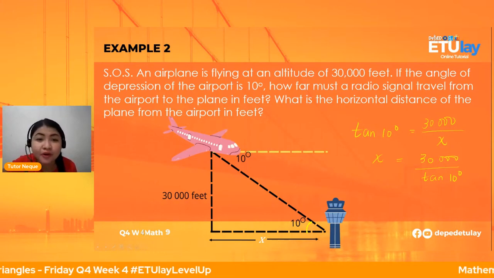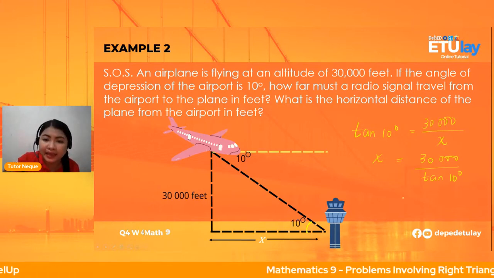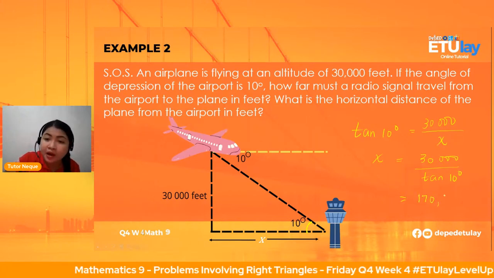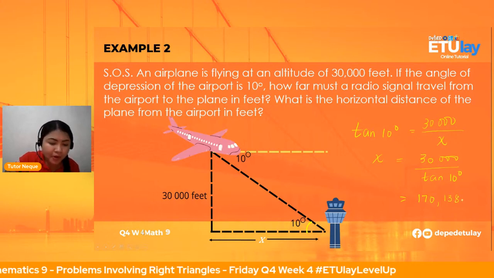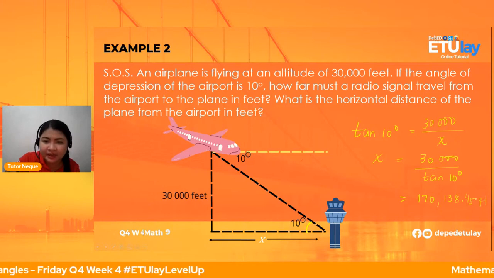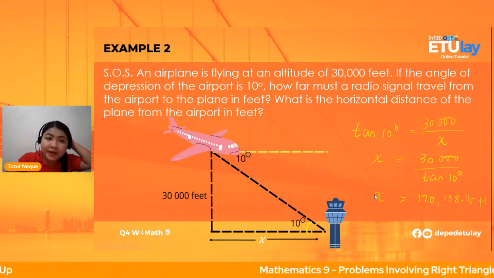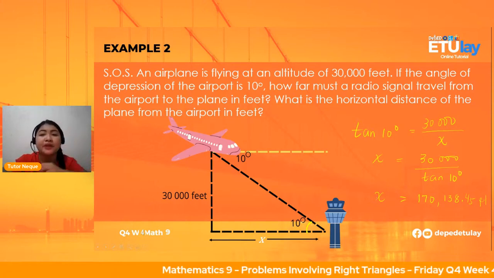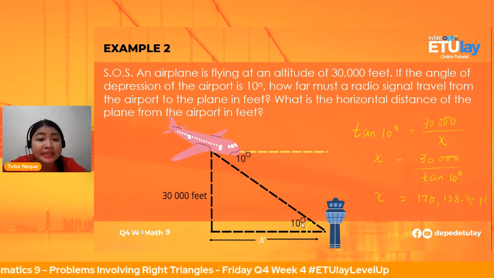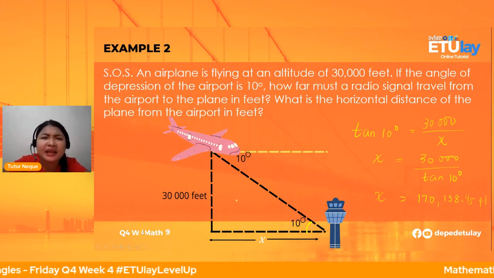So we have 170,138.45 feet. Okay. So we can say that the horizontal distance of the plane from the airport in feet is 170,138.45. Okay. So yun yung ating horizontal distance.